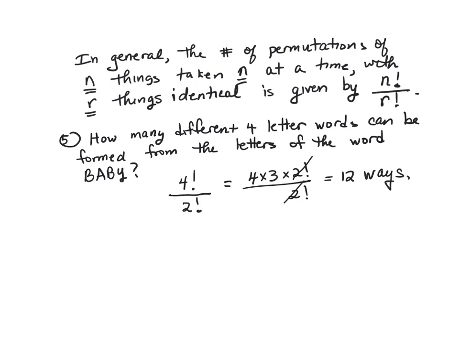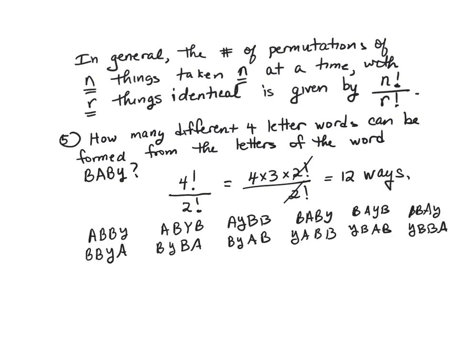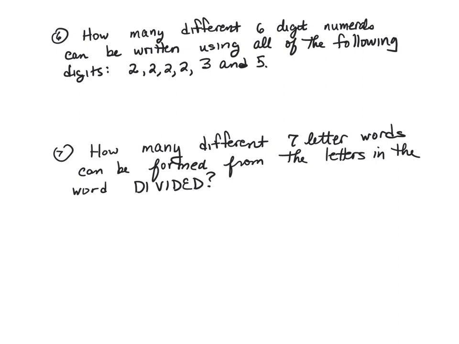Okay, let's try another. And before we go to the next problem, I've listed the 12 so-called words that can be formed by the letters B, A, B, Y, and the B's are alike. All right, let's take a look at this one. How many different 6-digit numerals can be written using all of the following digits? 2, 2, 2, 2, 3, and 5.